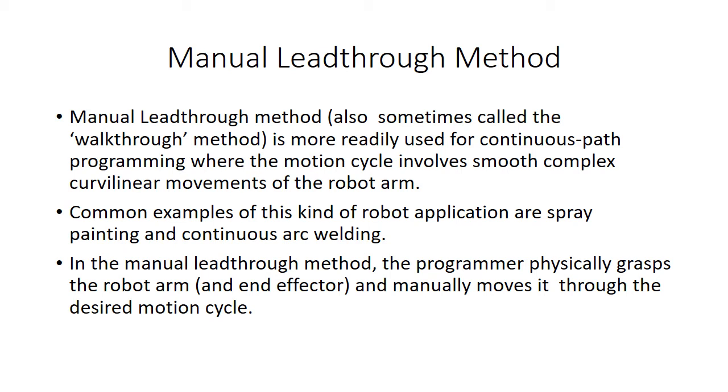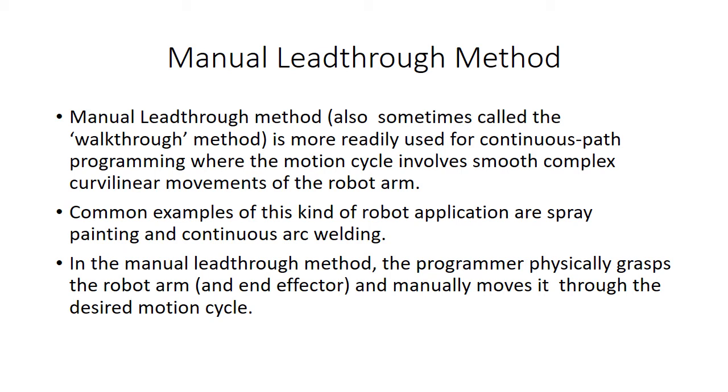Manual lead through method. The manual lead through method, also sometimes called the walkthrough method, is more readily used for continuous path programming where the motion cycle involves smooth, complex, curvilinear movements of the robot arm.